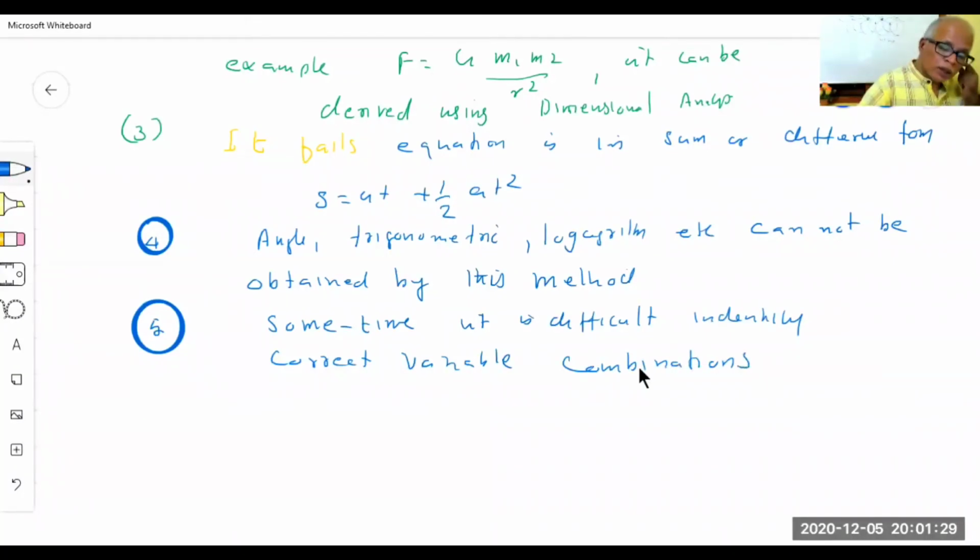This is a drawback of what we call dimensional analysis.